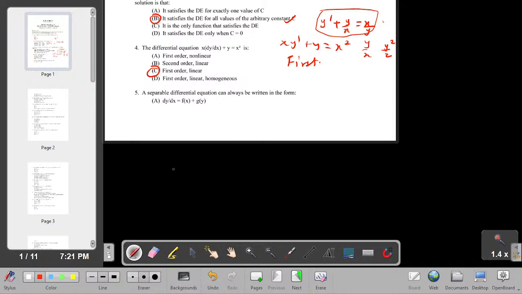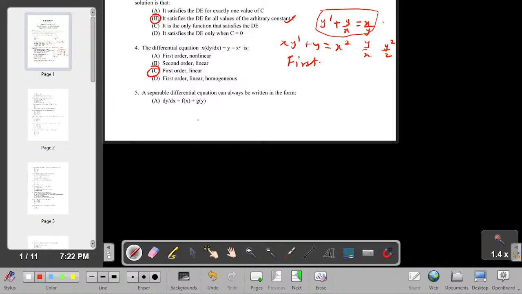Number 5: a separable differential equation can always be written in the form A: dy/dx equals f of x plus g of y.